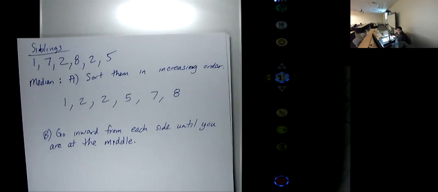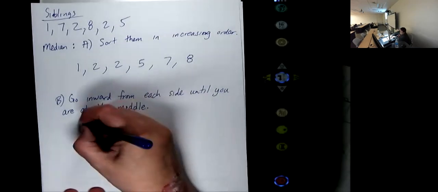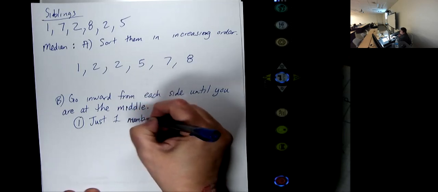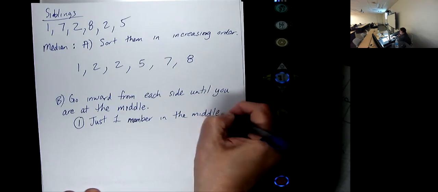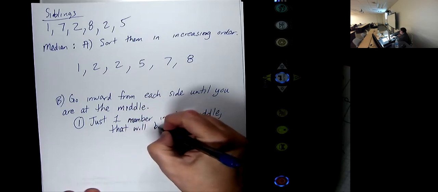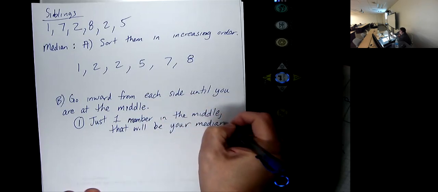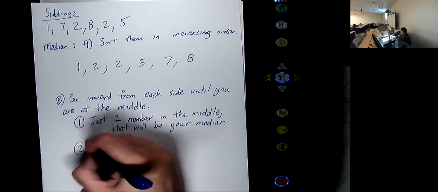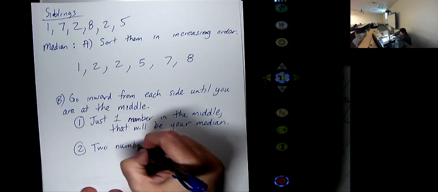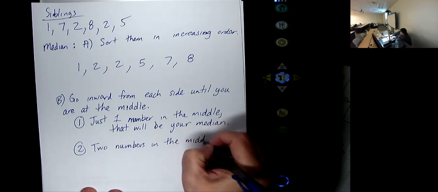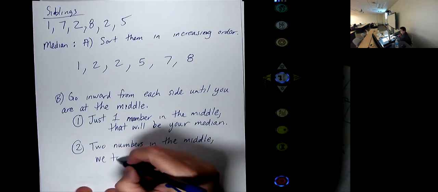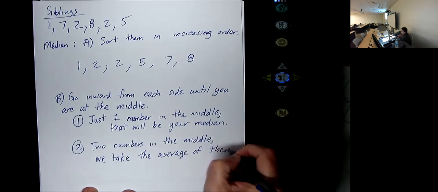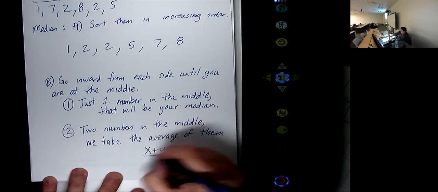And 2 scenarios arise from this. Either there is 1 number in the middle, and that will be your median. Or if there's 2 numbers in the middle, we take the average of them, which is like doing X plus Y over 2.